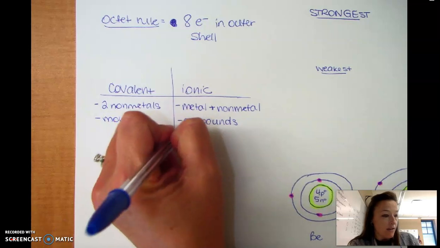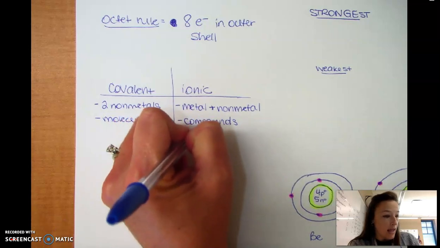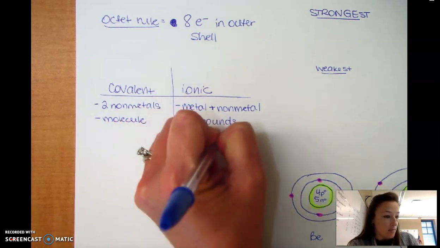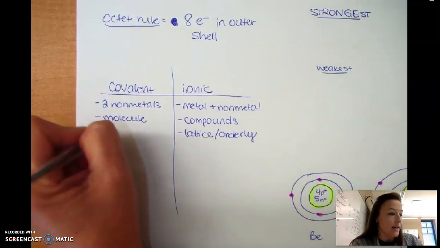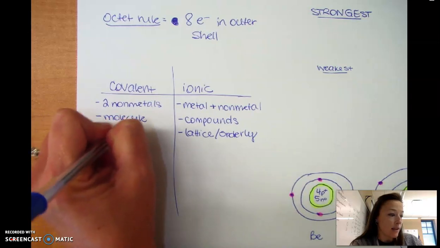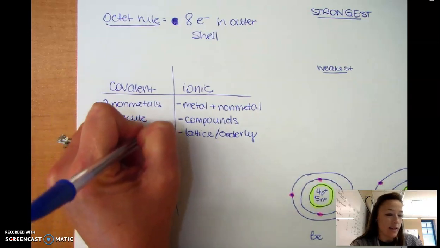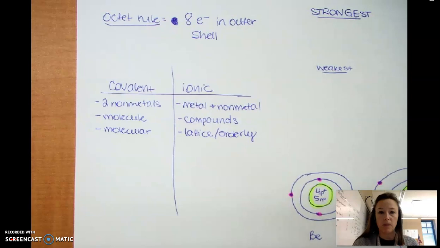Ionic have a very orderly or lattice structure, whereas covalent, they have more of a molecular structure, so it's not as orderly, not as structured, I guess is the right way to put it, as the ionic.